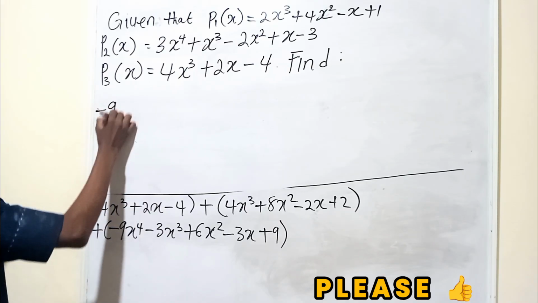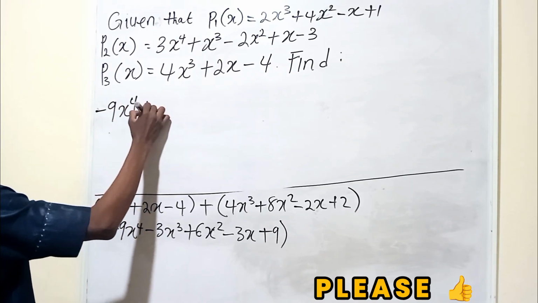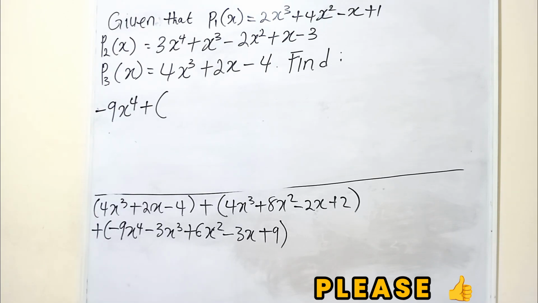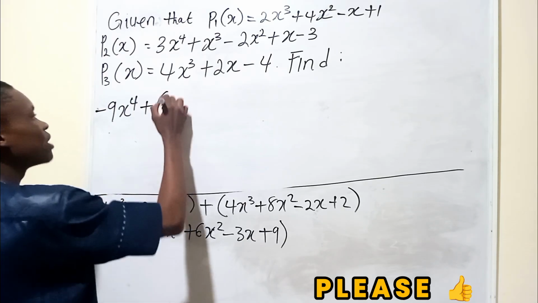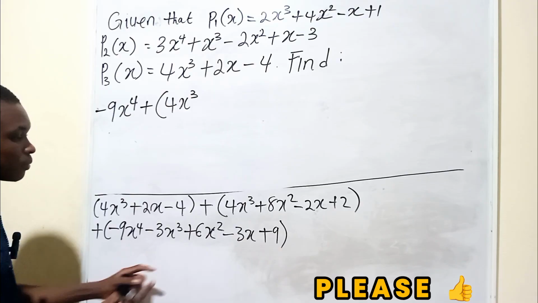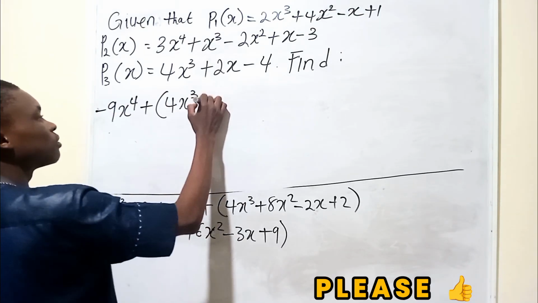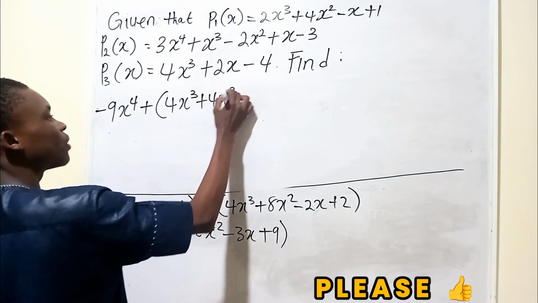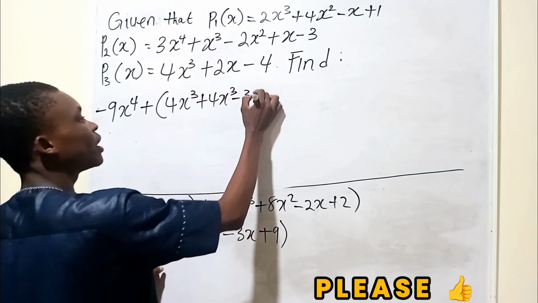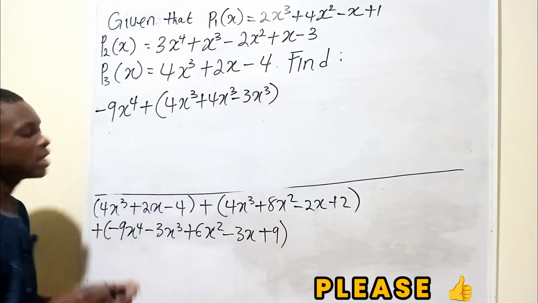You take from the highest power to the lowest. So the next power we are going to take is 4x cubed, plus another 4x cubed, and then minus 3x cubed. So clearly these are the powers we can gather.